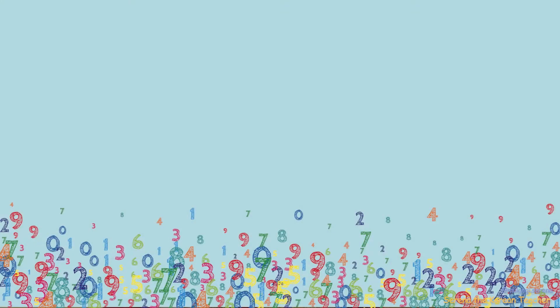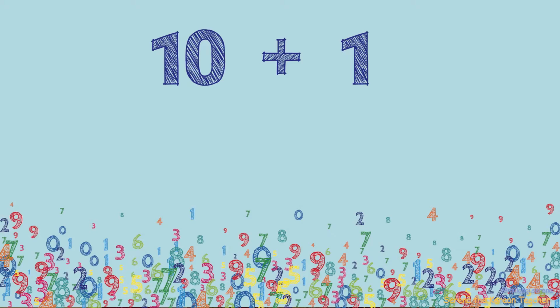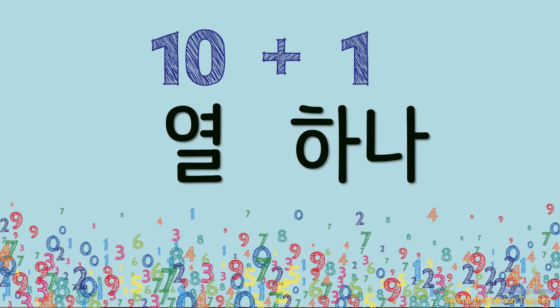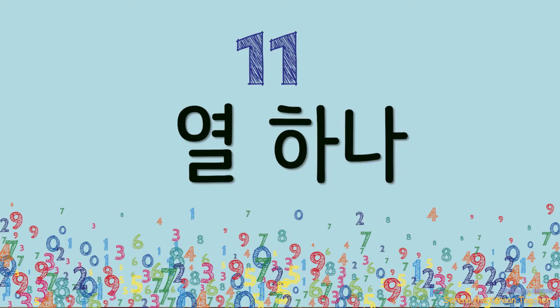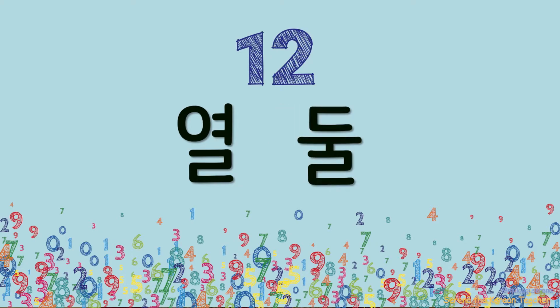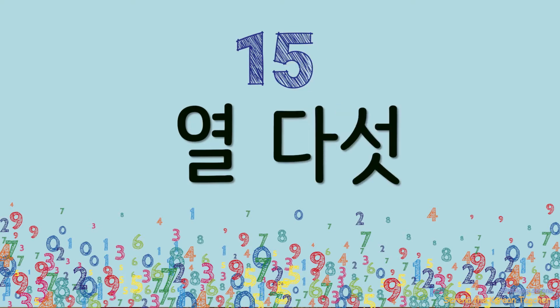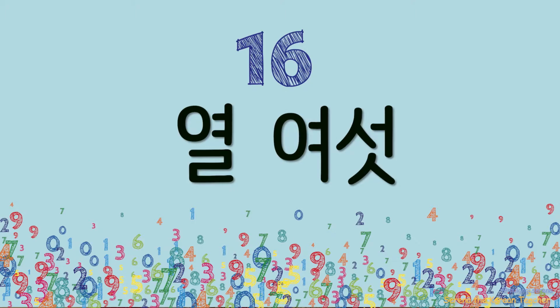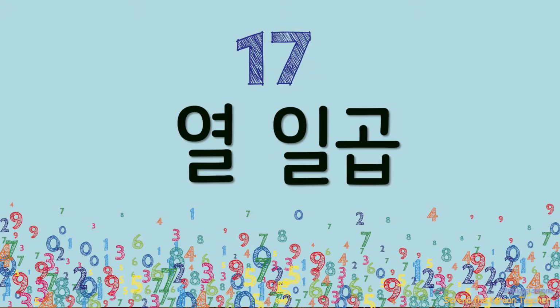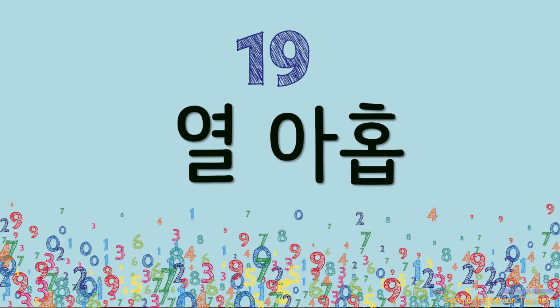How do we make it 11? Basically it's 10 plus 1. So 10, 열, 1, 하나. 열하나, 열둘, 열셋, 열넷, 열다섯, 열여섯, 열일곱, 열여덟, 열아홉, and 20.